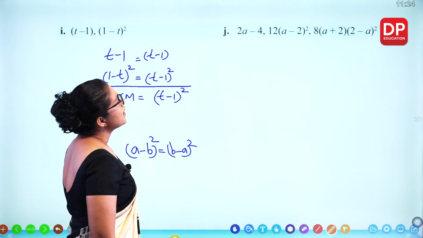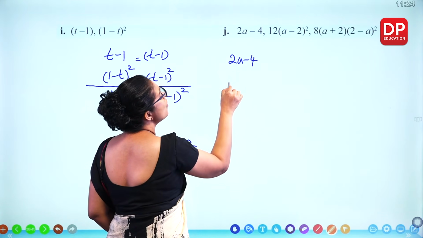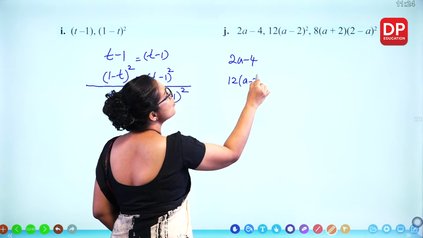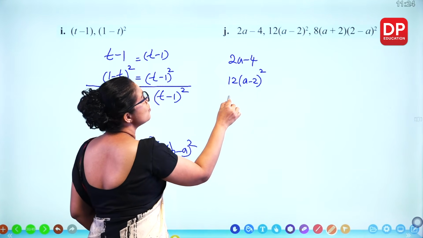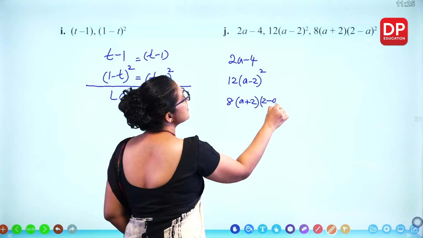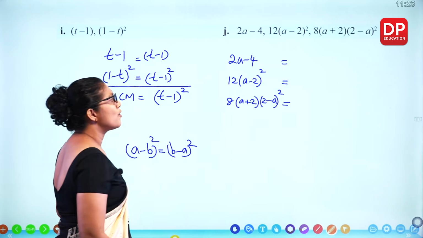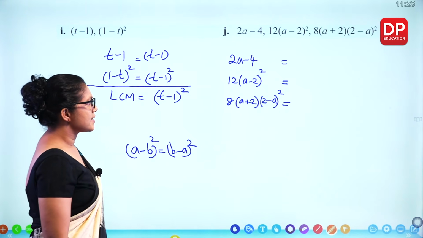What about this one? What are the expressions you are getting here? You get 2a minus 4, 12a minus 2 to the power 2, 8a plus 2, 2 minus a squared. Now we'll try to write down the factors.